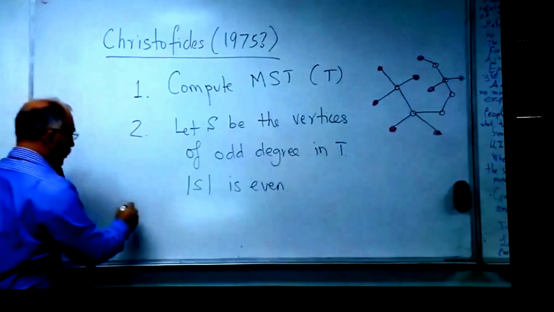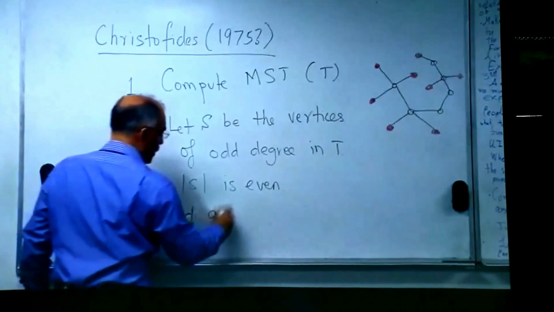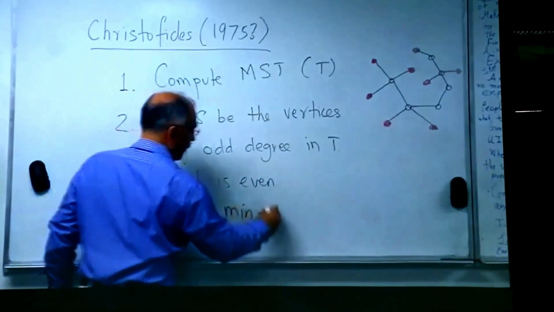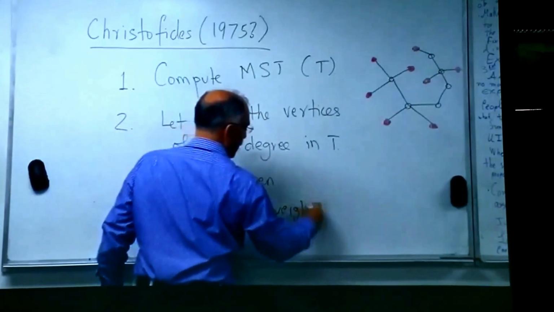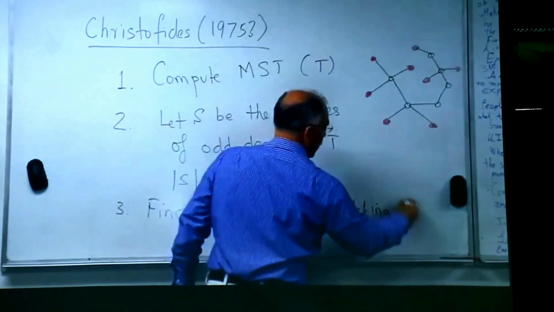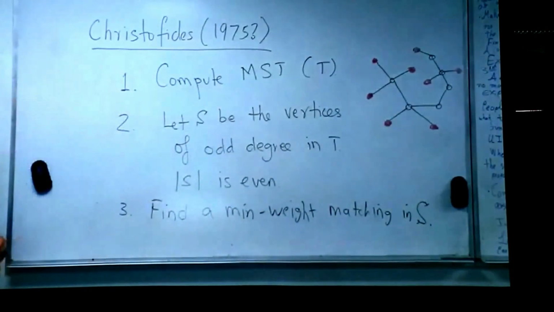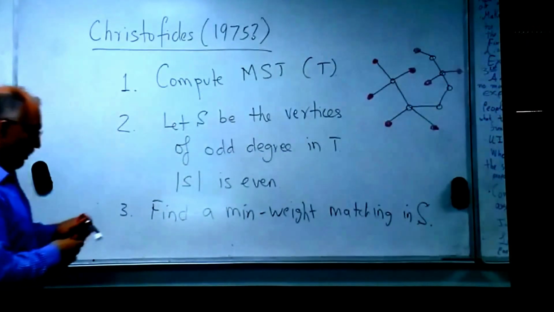So in step 3, we're going to find a minimum weight matching of S. Okay? So we're taking all of these red nodes in this picture and we want to find a minimum weight matching.